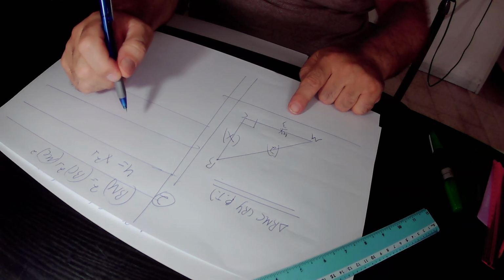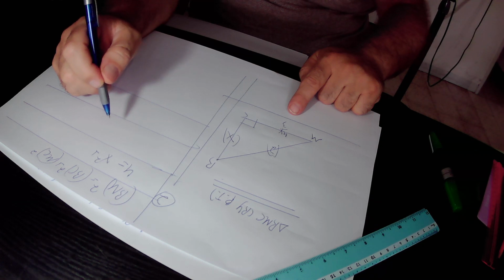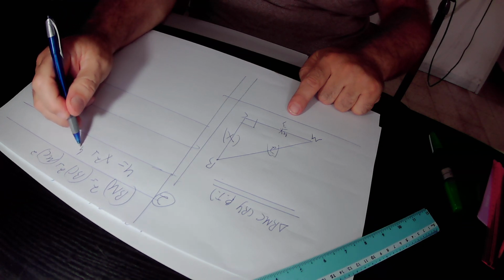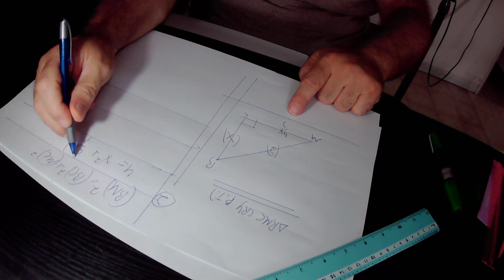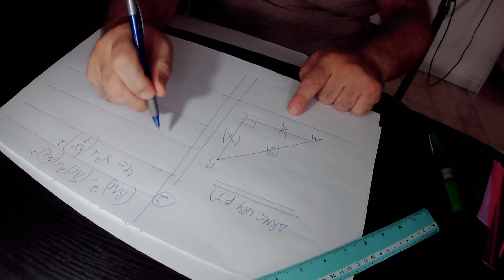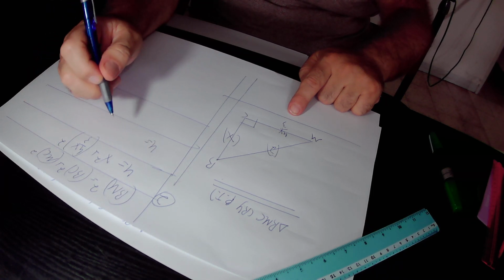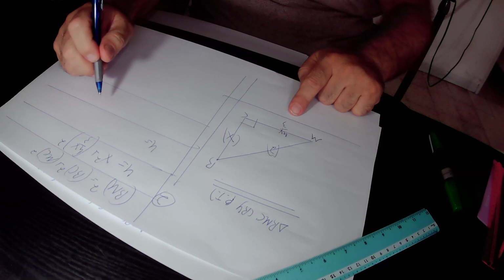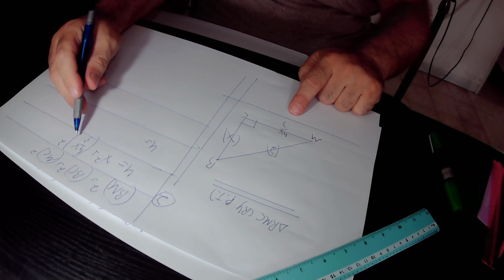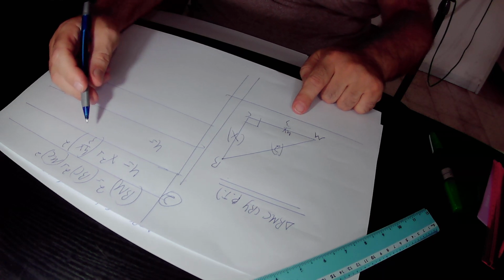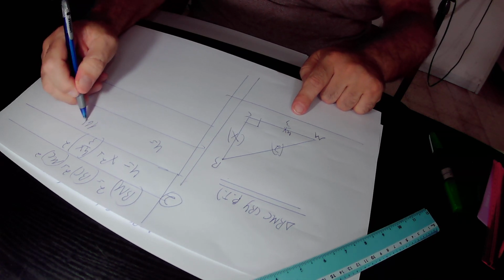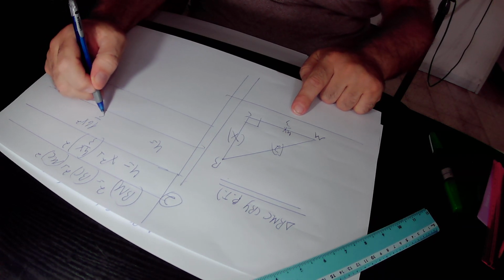MC is 4x over 3, therefore MC squared is 4x over 3 squared. So in total, we found out that 4 equals 4x over 3 squared, which is 16x squared over 3 squared, that is 9.